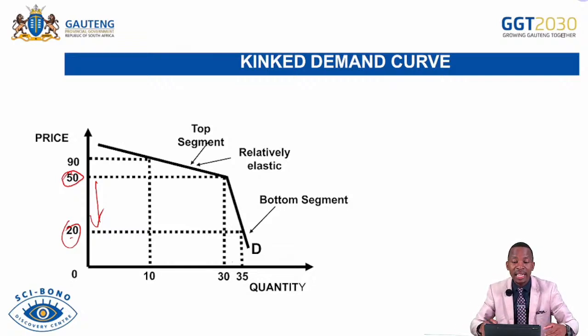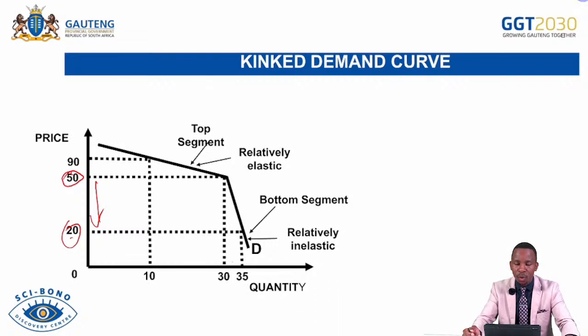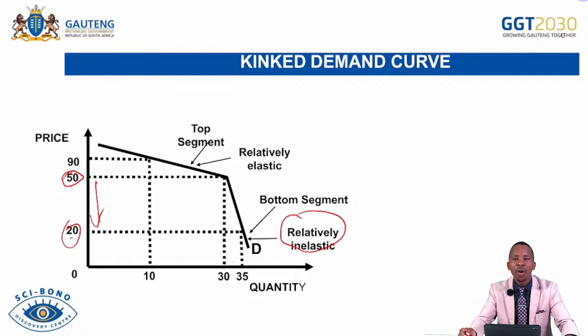So this creates the demand curve that is known as the bottom segment, which is regarded as relatively inelastic. This demand curve is relatively inelastic because consumers are not sensitive to the price decrease if all firms are selling at the same lowered price. So that gives us the bottom segment that is relatively inelastic.